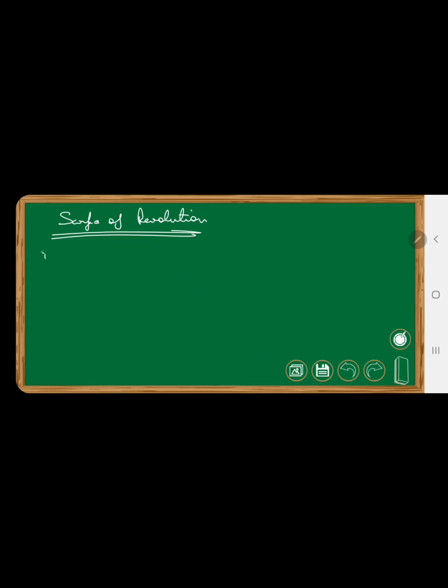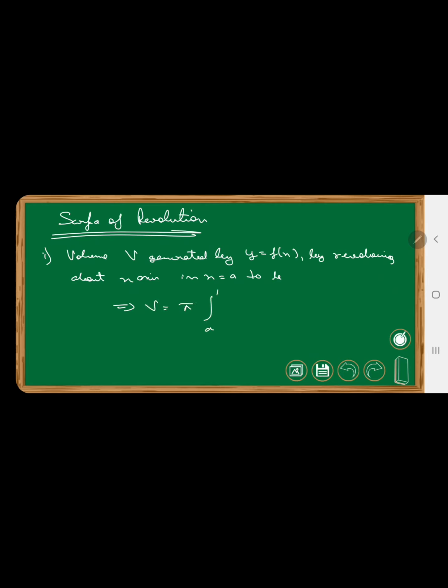First, let us start with the volume V generated by y equals f(x) by revolving about the x axis in x equals a to b, which is given by V equals pi times the integration from a to b of y square dx, where y equals f(x).